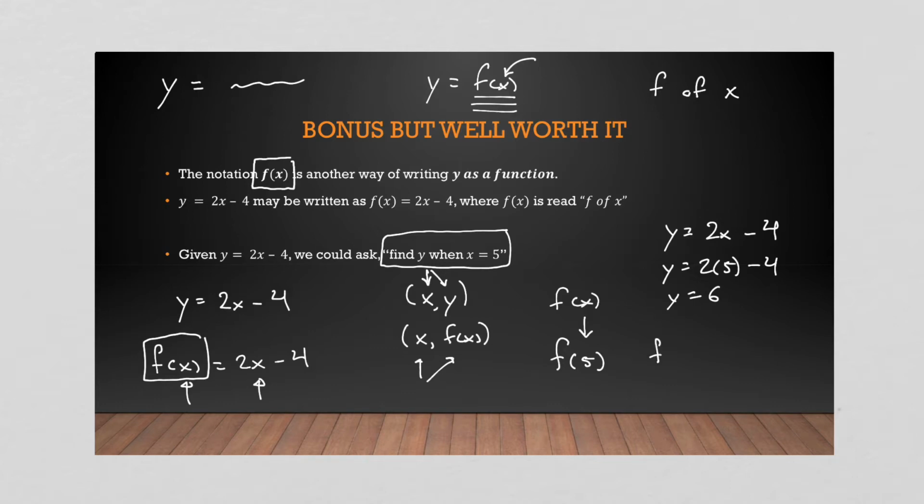I end up with f of 5 is equal to 2 times 5, because the x becomes a 5, minus 4. So f of 5 equals 10 minus 4. f of 5 equals 6, which gives me the point (5, 6). So you're just looking at it in a slightly different way. Whatever happens to replace the x in your f of x is what replaces the x in all of your equations. If you think of it that way, it's not that bad.